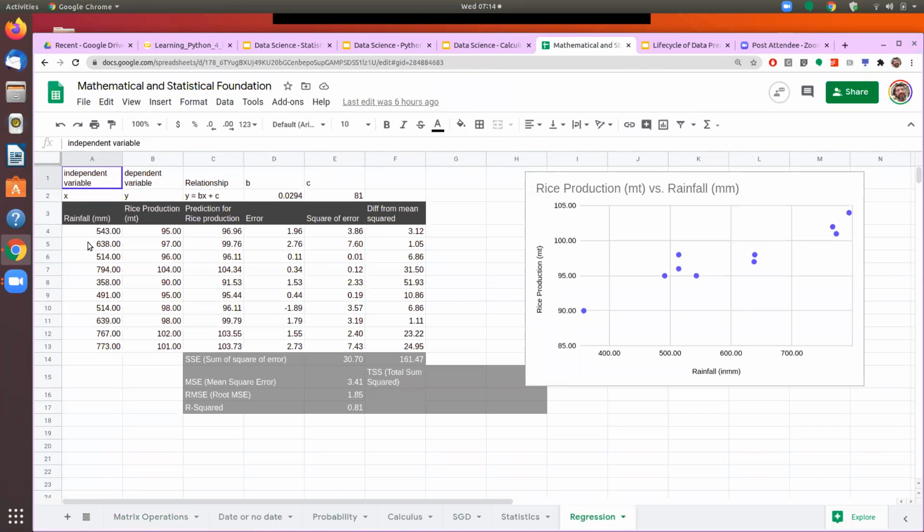So here suppose we have data about the rainfall in millimeters in the country, and here it is rice production. We will first look into this. After seeing this, intuitively, can you see that there is a relationship here?